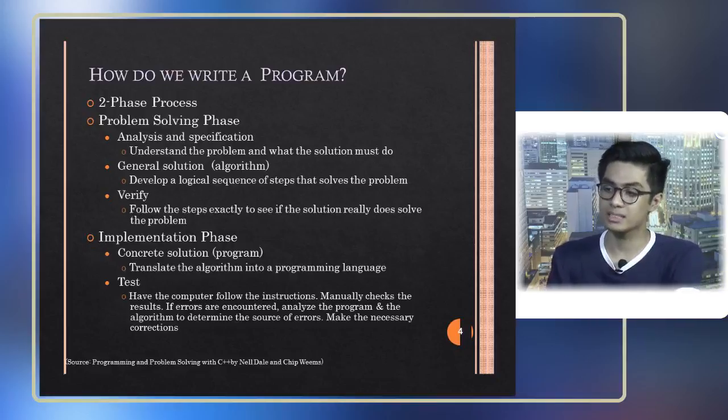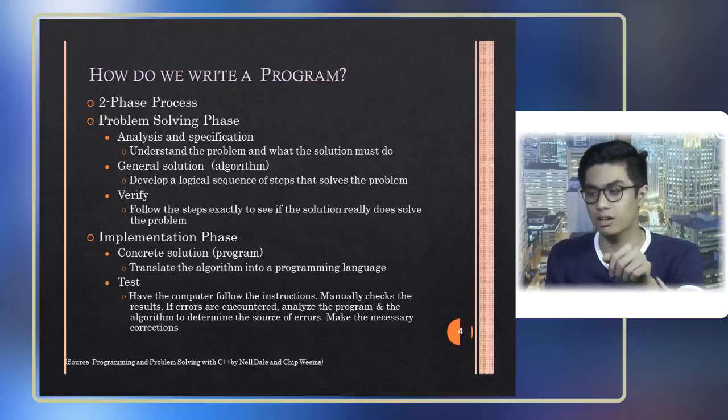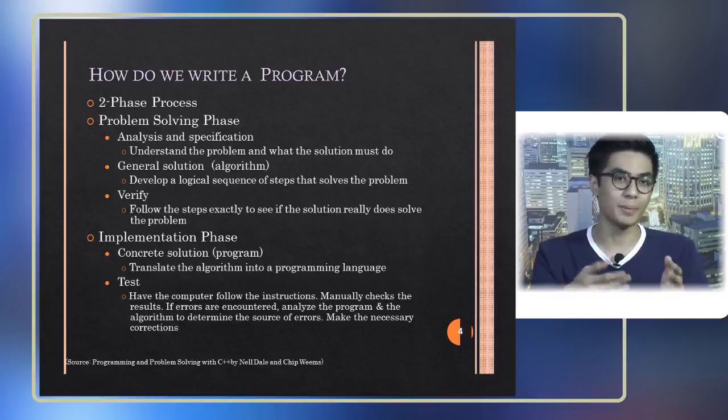The next phase of our two-part process is the implementation phase. Here we have the concrete solution, which is the program itself. We should translate our algorithm into a program, maybe in Java, Python, C Sharp, or C++.